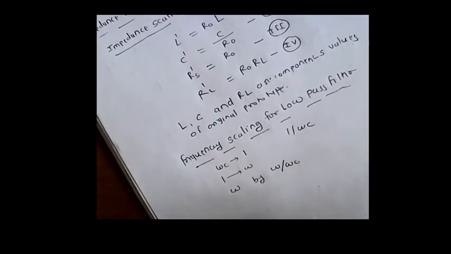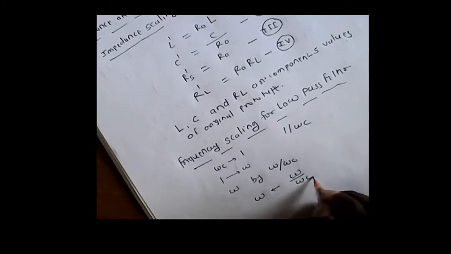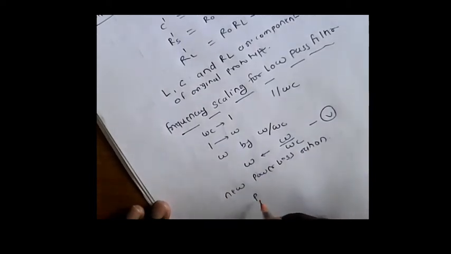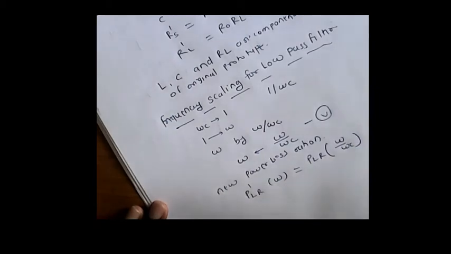So we get a new version of frequency, and the new power loss ratio. We define omega by omega c, and this is equation number 5. The new power loss ratio in terms of omega, PLR dash, is PLR of omega divided by omega c, where omega c is the new cutoff frequency.